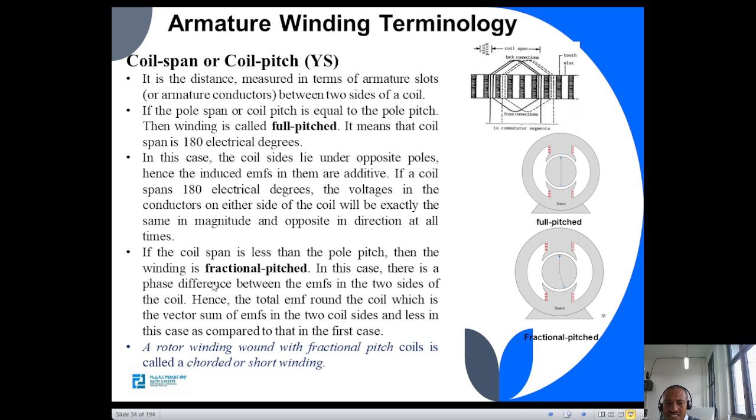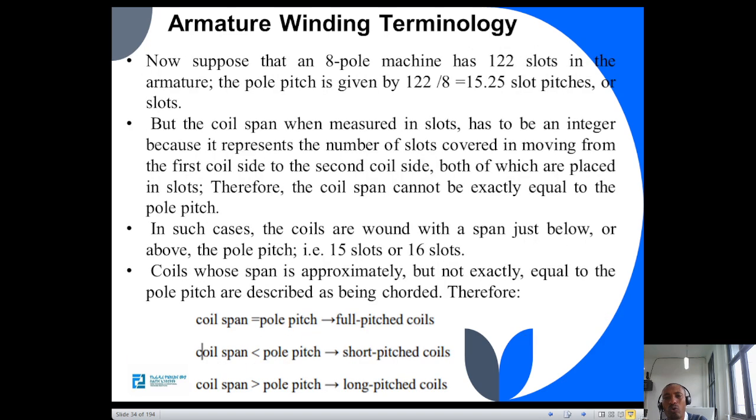In this case, there is a phase difference between the EMFs in the two sides of the coil, and hence the total EMF around the coil, which is the vector sum of the EMFs in the two coil sides, is less as compared to that of the full pitch. The EMF is going to be reduced. So a winding with a fractional pitch coil is called chord type or short winding.